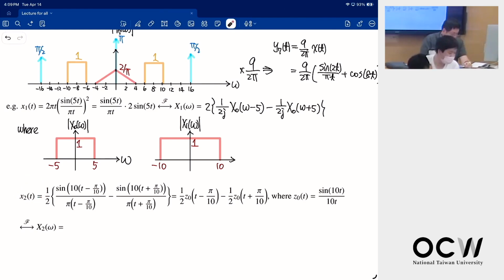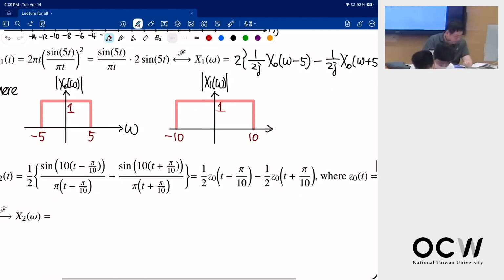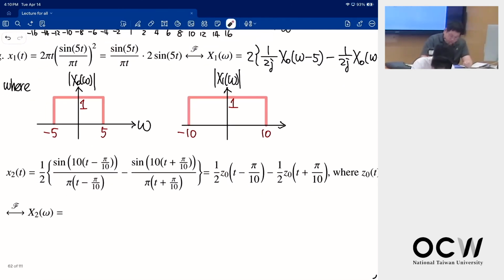What is the Fourier, what is the frequency domain? How do we express the Fourier domain? I do the time shift in time domain, what do we do in frequency domain? At times the exponential, complex. Right. I have the same magnitude but different phase. So here I should still have 1 over 2.